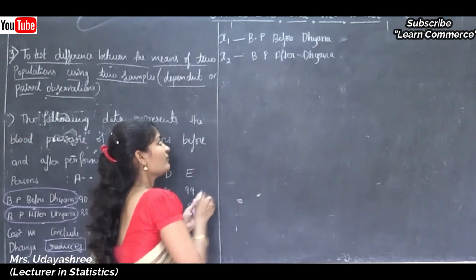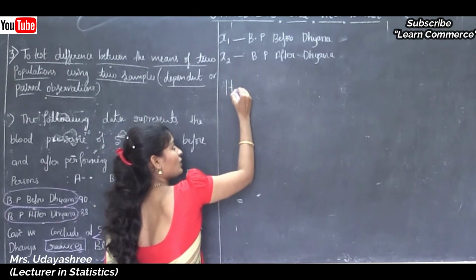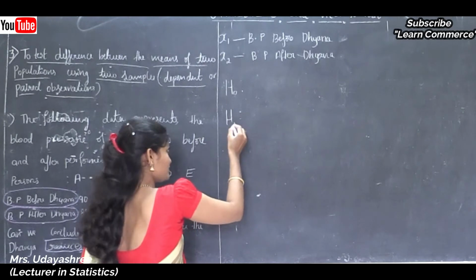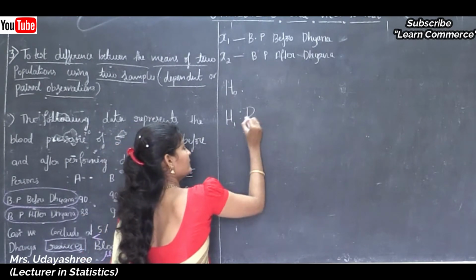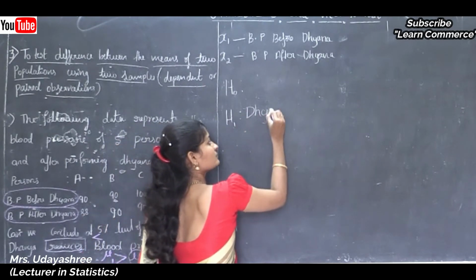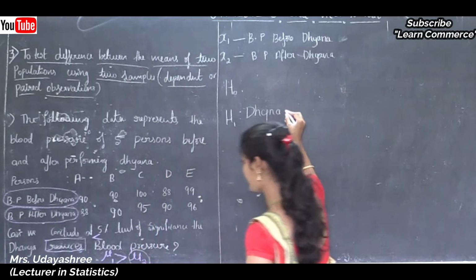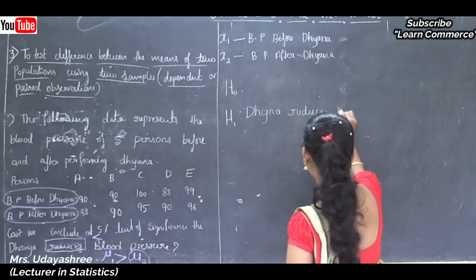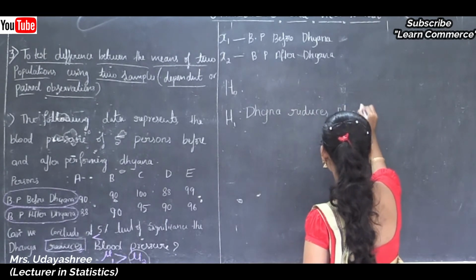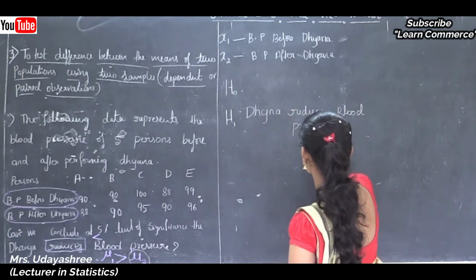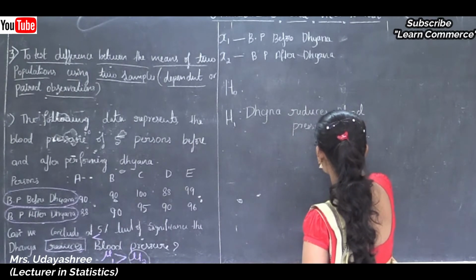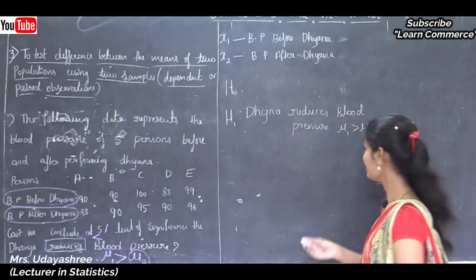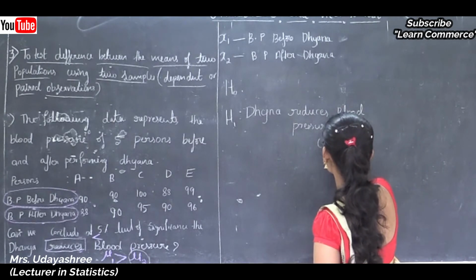So, here step 1 is H naught and step 2 is H1. So, here the H1 observation is the dhyana reduces blood pressure. That is mu1 greater than mu2. So, mu1 greater than mu2 in the sense that is a right tail test.